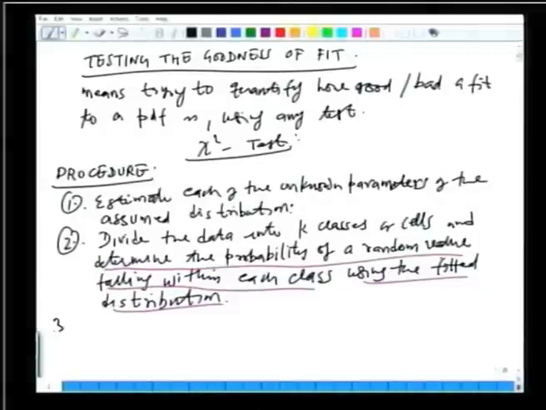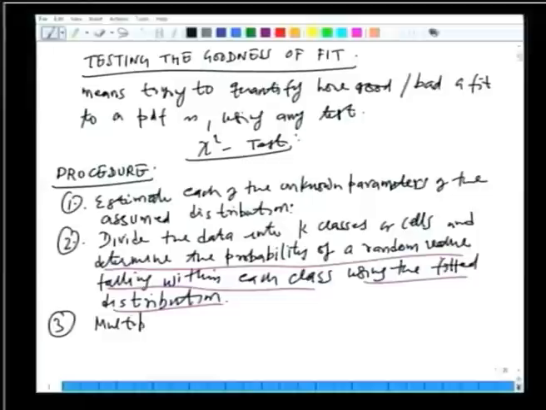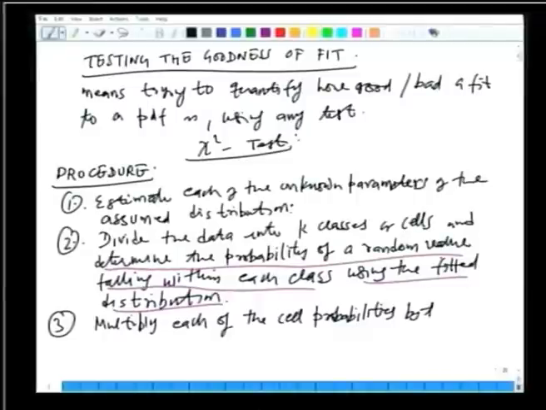Let us move on. What do we do in the third step? We try to find out the number of occurrences. How can we do that? We multiply each of the cell probabilities by the sample size n. Okay.